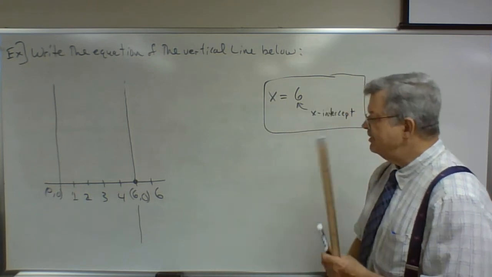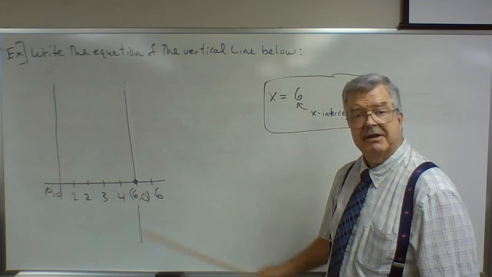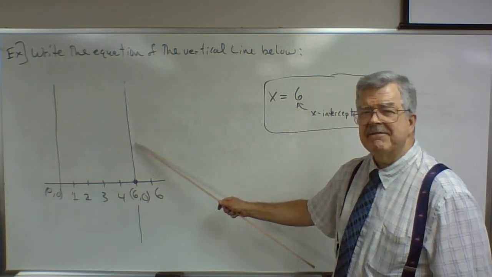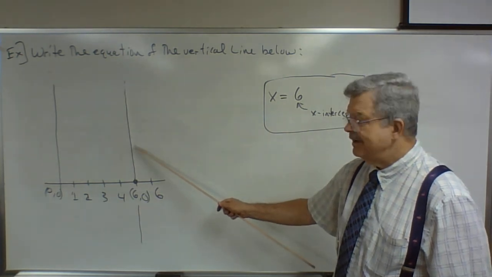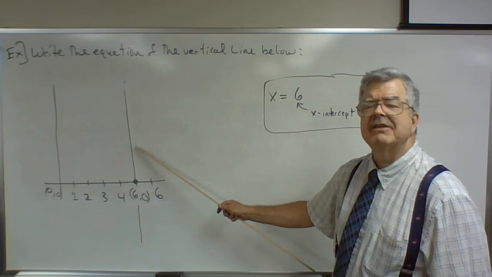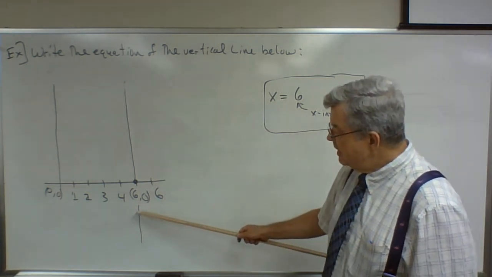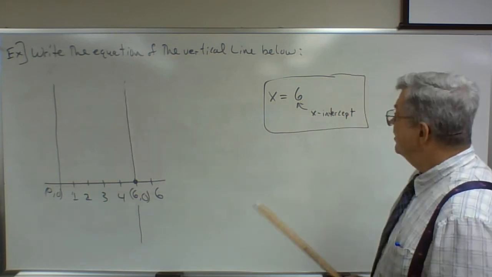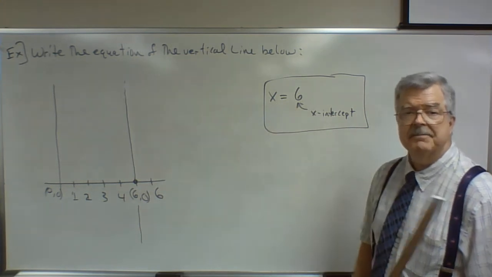The x-intercept is the point (6, 0), or just x equals 6. Since this is a vertical line, every point on this line is such that the x-coordinate is the same as the x-coordinate of every other point on the line. Every point on this vertical line has an x-coordinate of 6. And that in itself is enough to define this line completely.